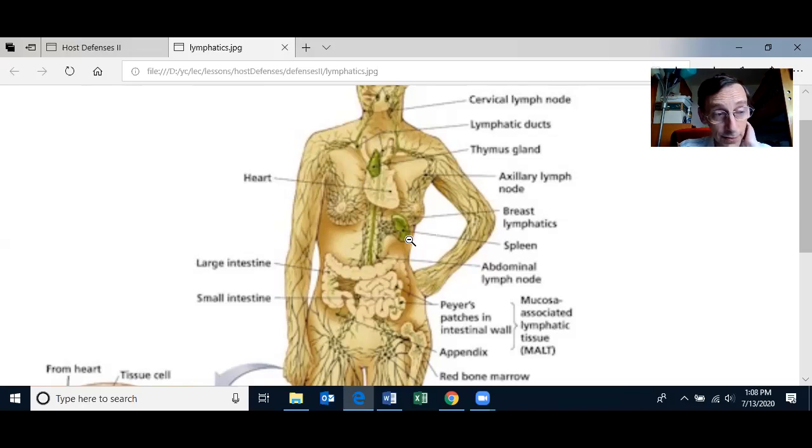That the lymphatic system drains the plasma that leaks out of the circulatory system, particularly from the capillaries, and then the plasma bathes the tissue in fluids, and that plasma is collected in the lymphatic system, and then that's sent through the vessels and then through the nodes where the fluid is checked for pathogens, and then it's eventually brought up to the lymphatic ducts where it's dumped into the circulatory system, and then the plasma rejoins the blood. Any question about any of that?